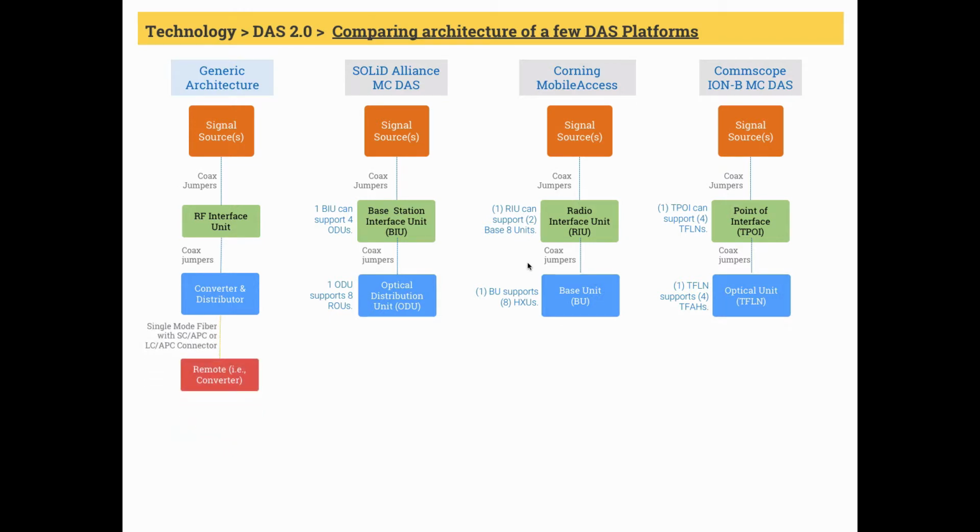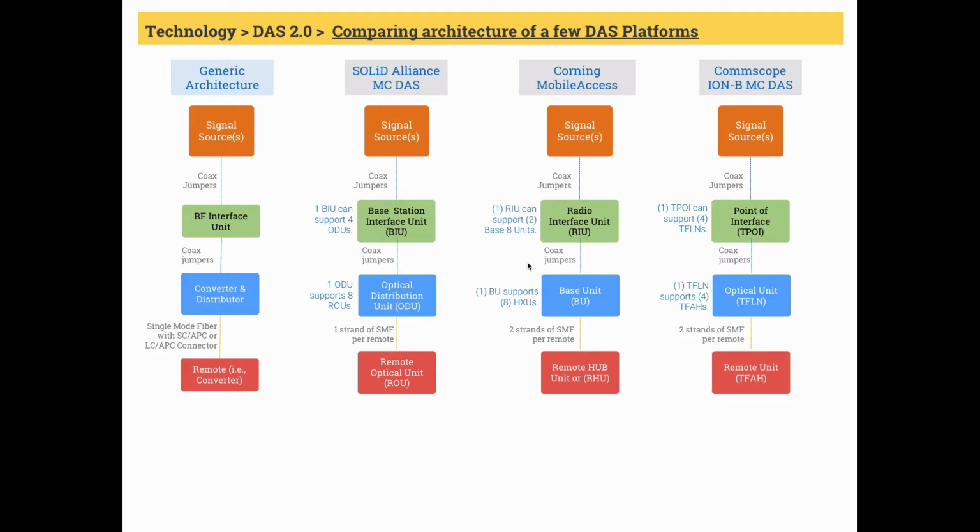From the converter, through single mode fiber with SC/APC or LC/APC connector, the optical signal goes to the remote, and the remote converts that optical signal to an RF signal to feed it into the antennas. This remote in Solid is known as Remote Optical Unit, or ROU. In Corning, it's known as Remote Hub Unit, or RHU.